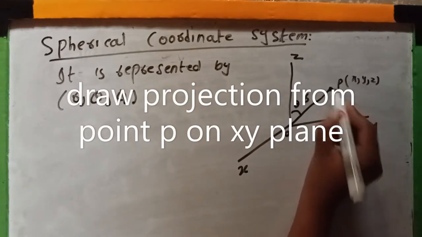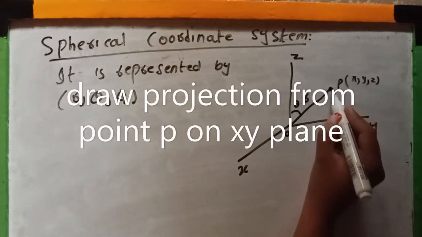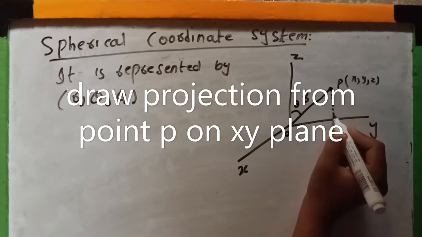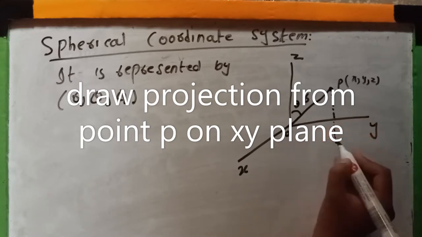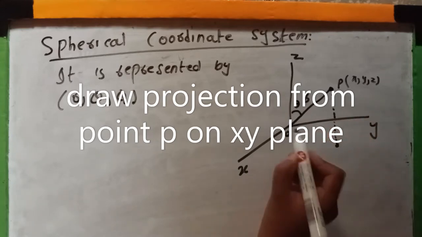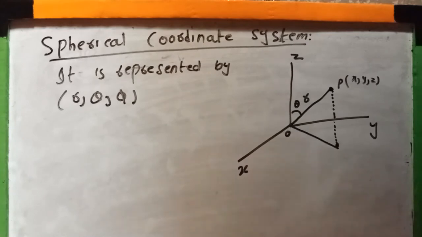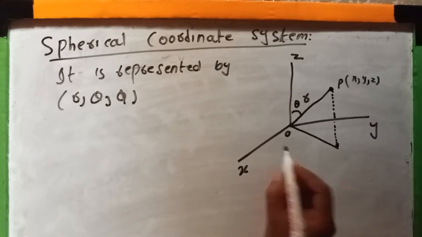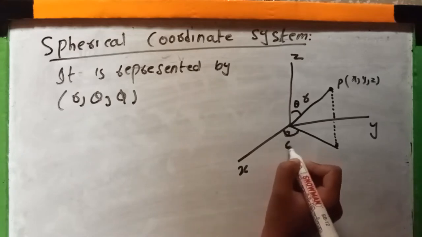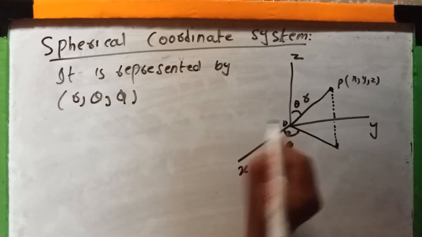And this point P has a projection on the xy plane, and we connect this projected point with the origin. Then the angle with respect to the x axis is phi.